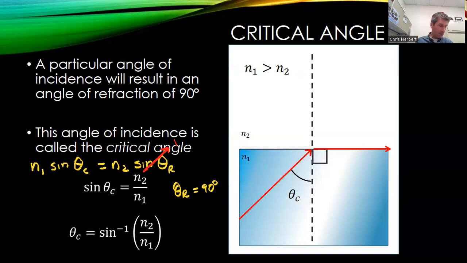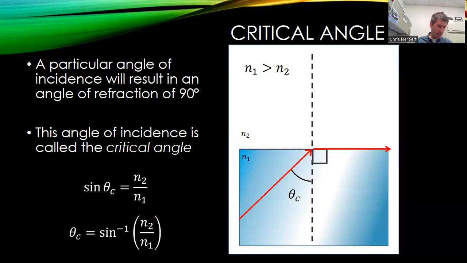We now solve for the critical angle, or the sine of the critical angle becomes N2 divided by N1. N1 we divide from both sides. And then if we want to solve for the critical angle, we have to take the inverse sine, the arc sine, of N2 over N1. N2 is the lower index material, N1 is the higher index material.